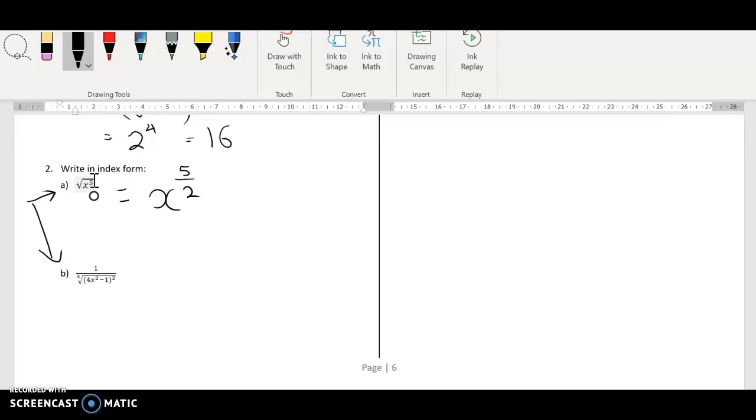Okay, looking at the bottom one here, if we want to write that just in index form, then we're going to be removing that fractional part. So really this is the same thing as 1 over 4x squared minus 1 to the power of 2/3, because you've got a cube root there at the bottom. And if you were writing it with negative indices, you could actually just flip that to the top if you wanted to.